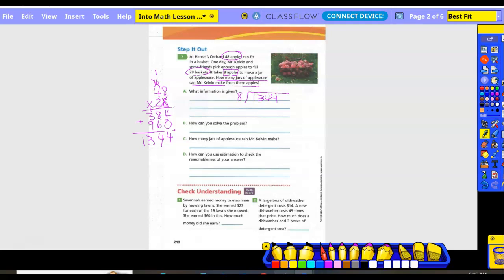Can 8 go into 1? No. So I put a 0. Now I'm taking 8 into 13. How many times? 1 time. Minus 8. 13 minus 8 is what? 5. Bring down the 4. 8 into 54.